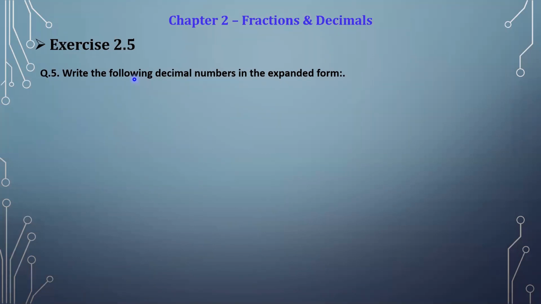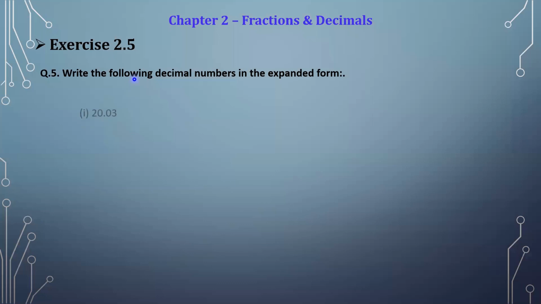We considered all these in the previous questions. Now we are going to consider the expanded form for the given decimal numbers. We are expressing the positions of decimal digits.